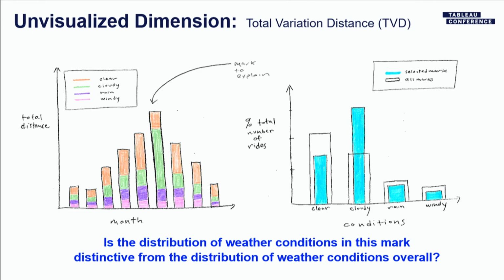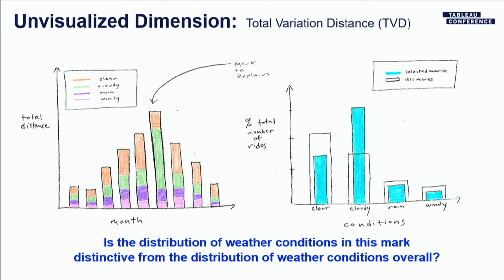TVD is a measure that allows us to assess the similarity of statistical distributions. And so what we're saying is, is August different or distinctive from the distribution of weather conditions across the rest of the year, and is it also different than other months?